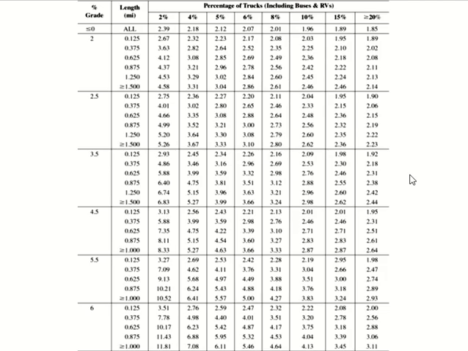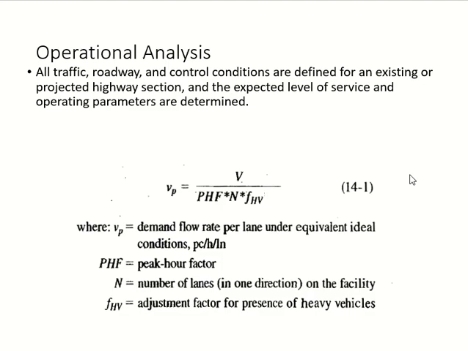Then, if you are doing operational analysis, then we are going to use this equation. Okay, so I need volume, which is given. I need peak hour factor, which is given. Number of lanes, what? 4 or 2? 2 lanes. Okay, 2. And FHV just calculated 0.96. So VP is the flow rate.